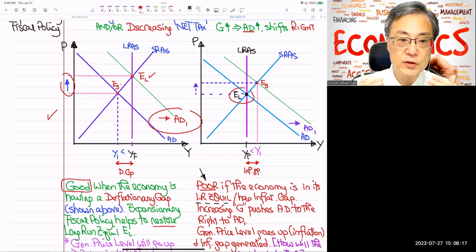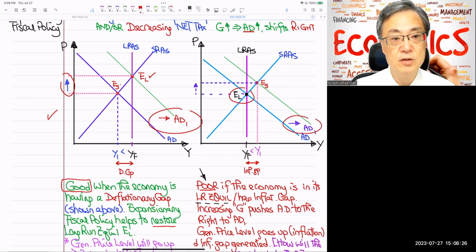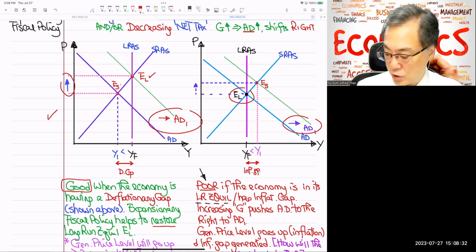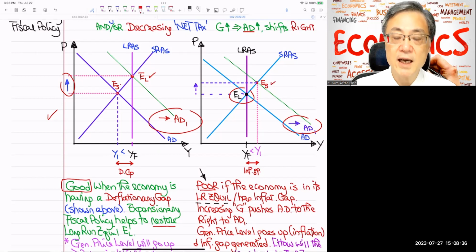Now, if you implement an expansionary fiscal policy, once again the AD curve is going to shift right to AD1. What will that cause? Simple. You will create a short-run equilibrium, ES, which is much to the upper right-hand corner of the original equilibrium.